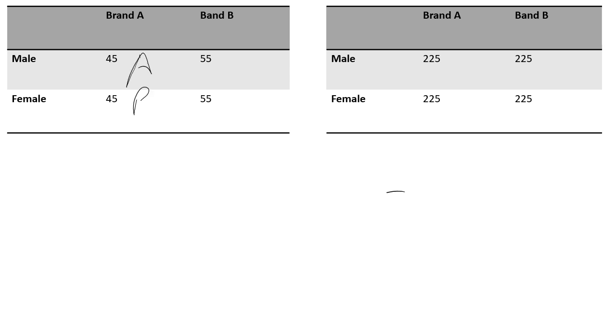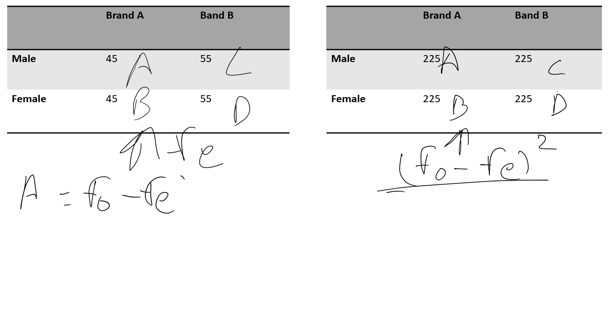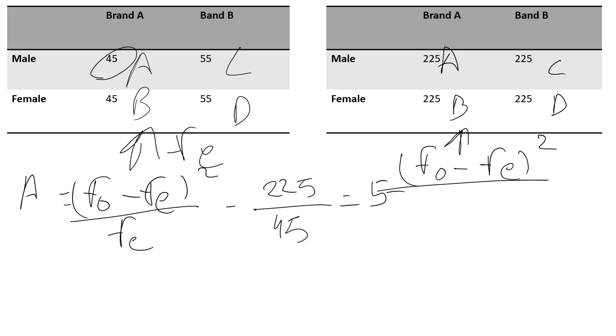Assuming this as A, B, C, D, this is our FE value, and this is our FO minus FE the whole square value. For cell A, it is FO minus FE the whole square upon FE, that is 225 upon 45, which is 5.